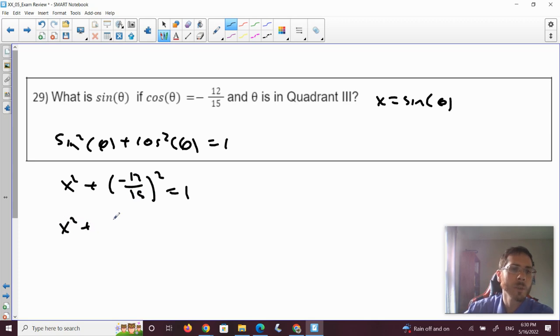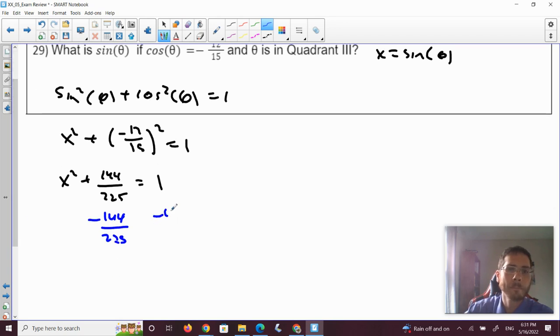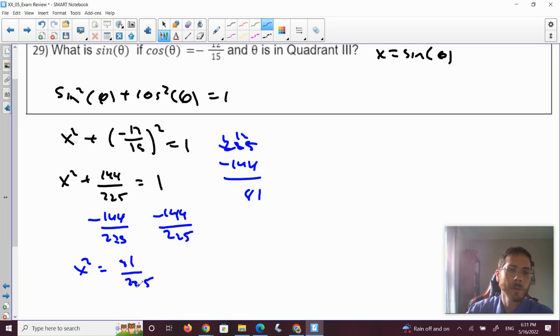So x squared plus 144 over 225 equals 1. Subtract 144 over 225 from both sides. So x squared equals 225 minus 144. That's 81. So that's 81 over 225.